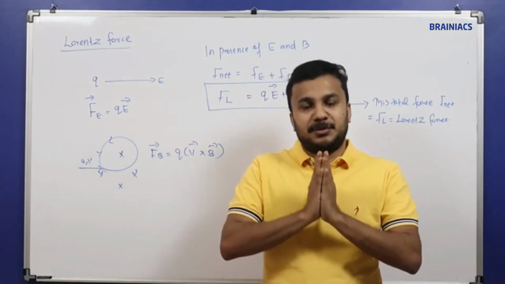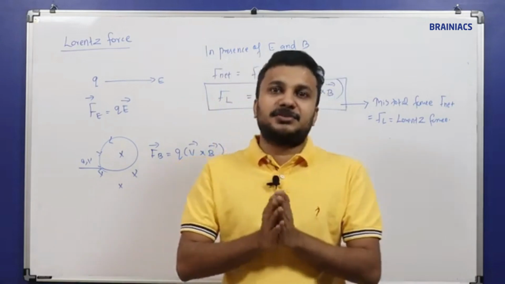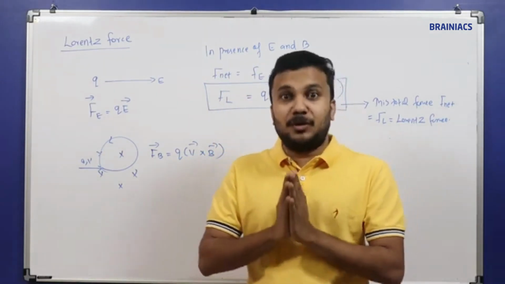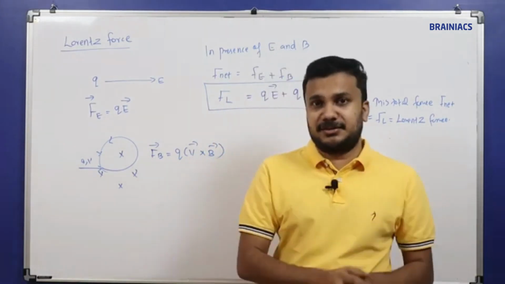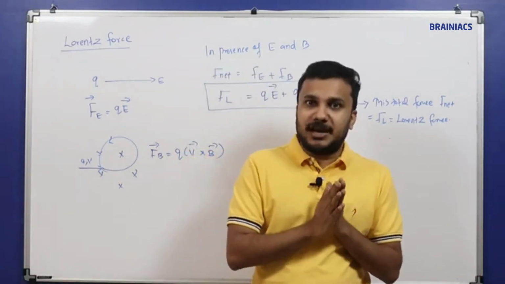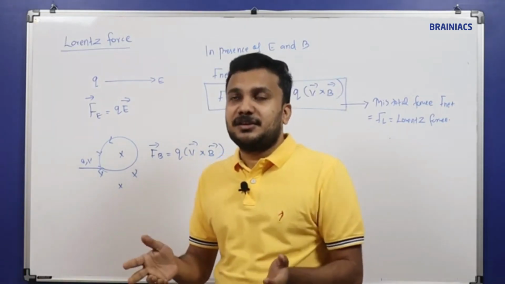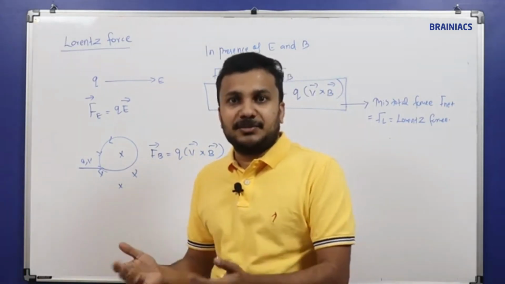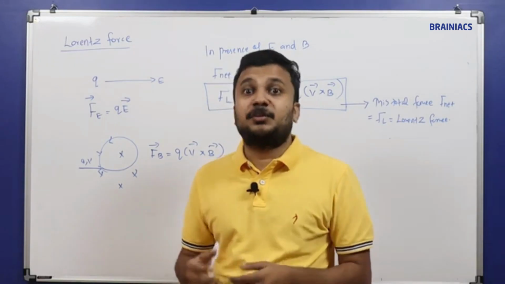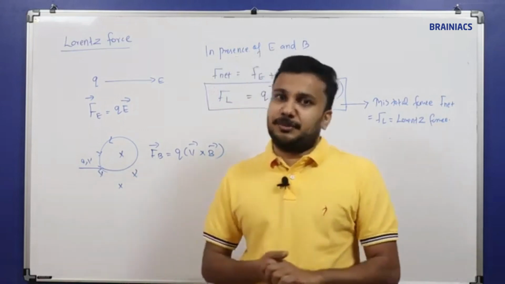Perpendicular to the magnetic field, circular motion. At an angle theta with respect to the magnetic field, helical motion. Only magnetic field so far. Now it's not like that. Now the story is different. Now we have magnetic fields and an electric field. When a charged particle enters an area where electric field and magnetic fields are both there, what will happen? This is the context of the next topic.